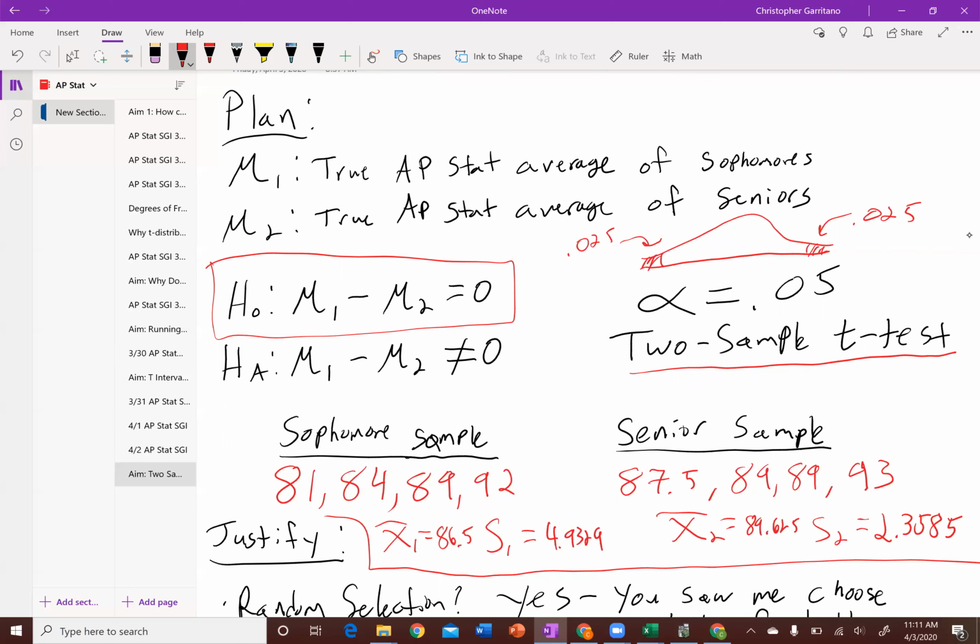A lot of you read and asked this question about the relationship between a confidence interval and a two-tail hypothesis test. Basically it comes down to this: if your alpha value plus your confidence level is equal to 1, then the two-tail hypothesis test should agree with your confidence interval.